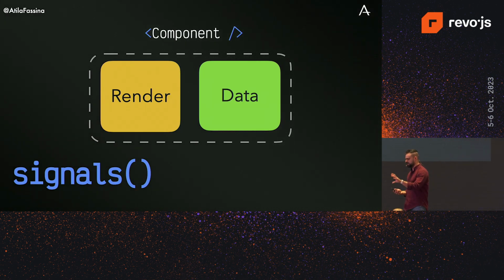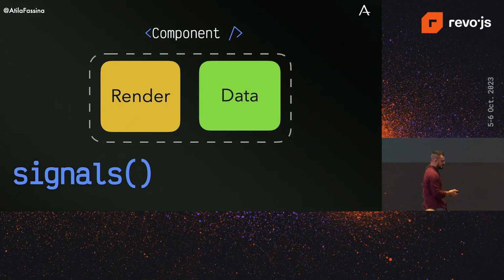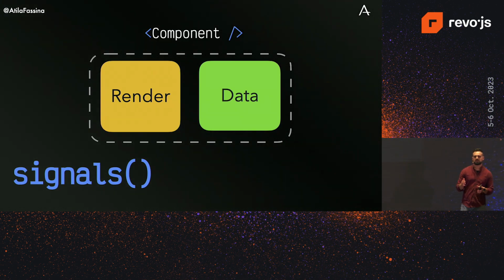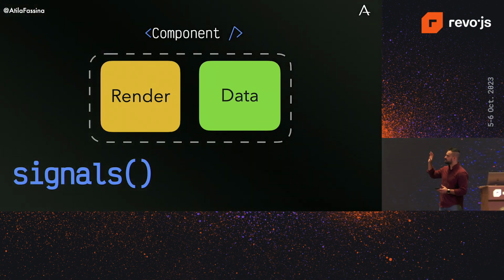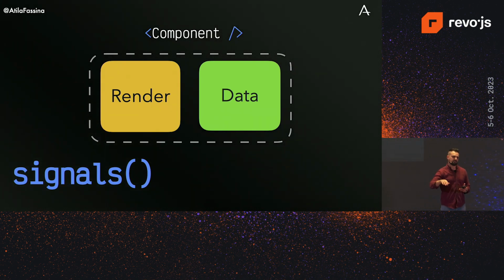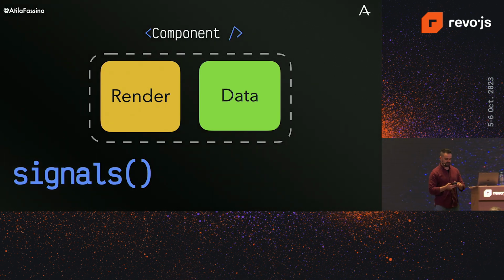React said that rendering and data should be coupled inside the component. Meanwhile, Solid says, no, we have the rendering part and we have the data part, and they don't necessarily need to talk to each other. And that's the premise of signals. The data is going to update, but there's going to be no re-rendering.